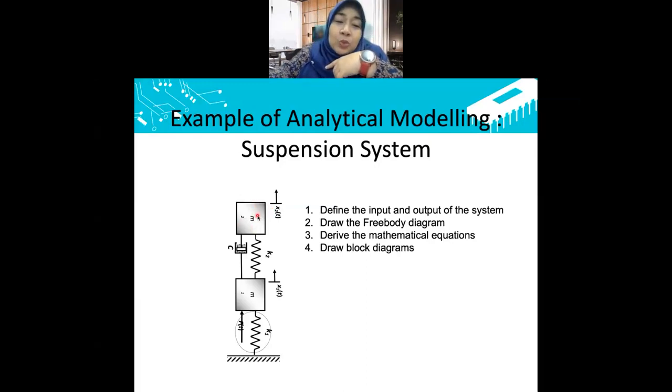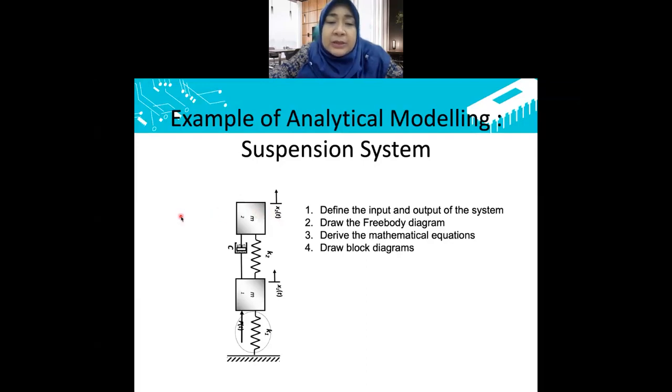So you want this M2, or x2 rather, to stay at a fixed set point.